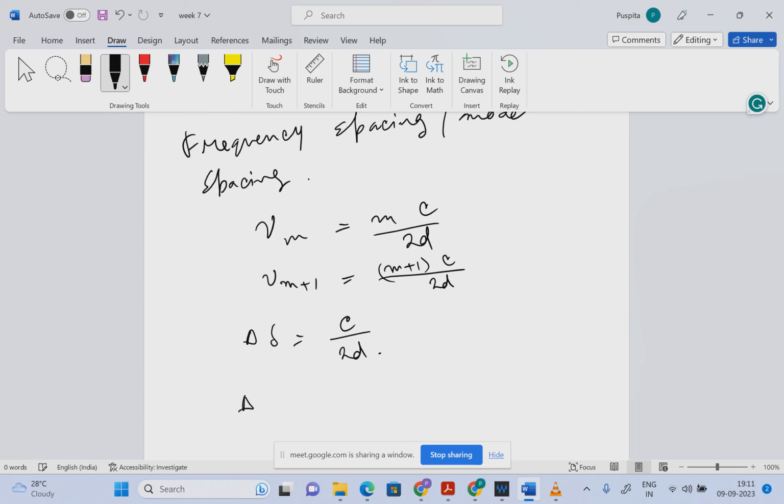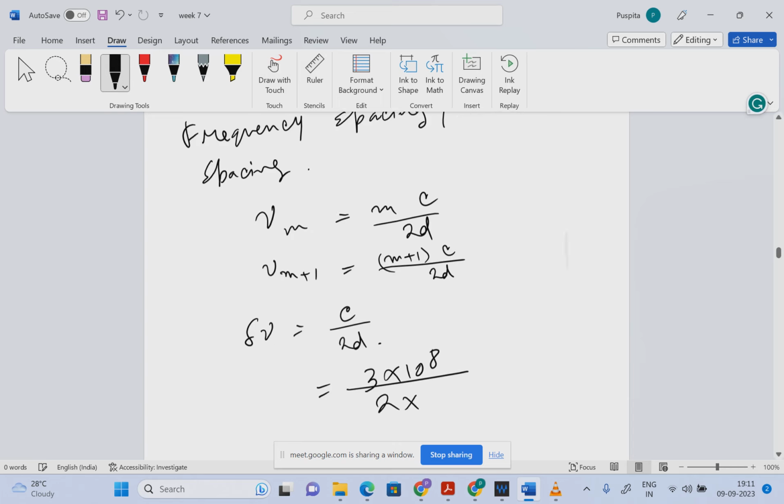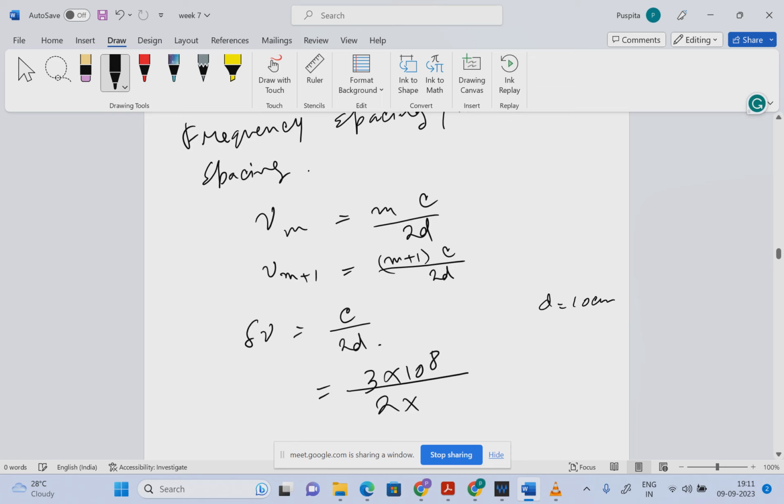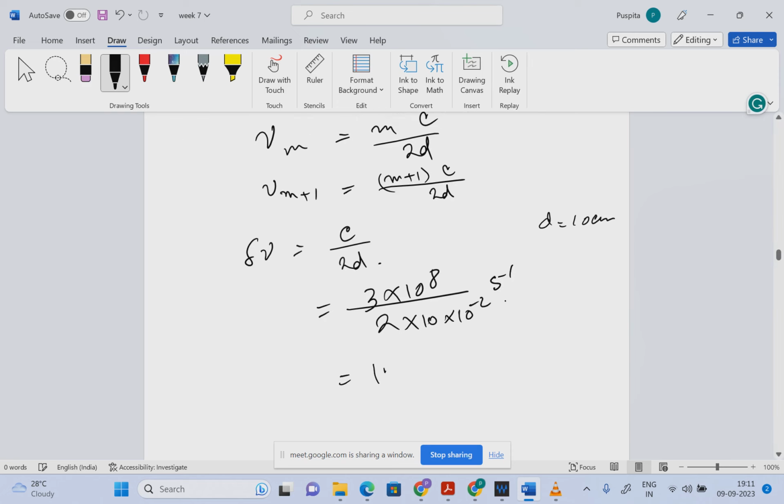Okay. So here, frequency spacing, this will be very clear. We see 3 into 10 to the power 8 over 2 into d, where d is equal to 10 centimeter. So 10 into second inverse, which is hertz. So 1.5 into 10 to the power 7 plus 2, that is 9.5 into 10 to the power 9 second inverse.